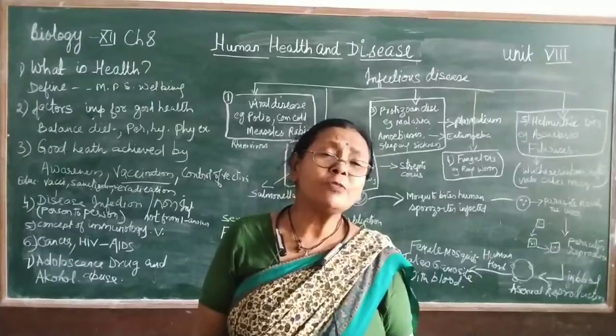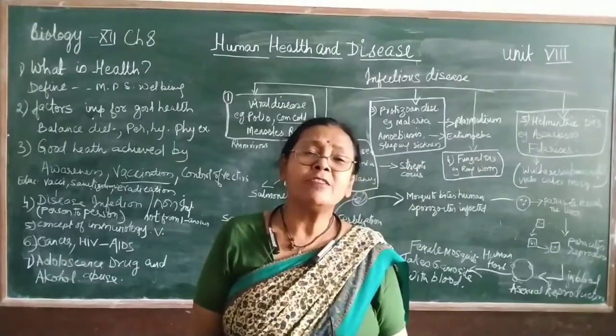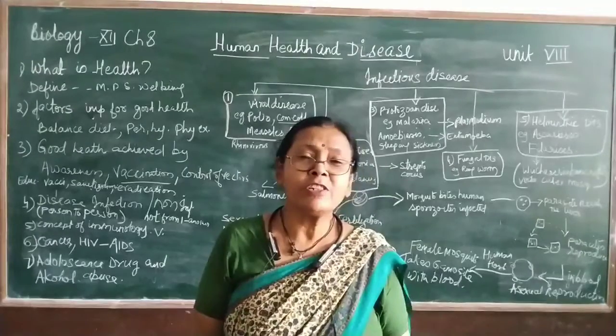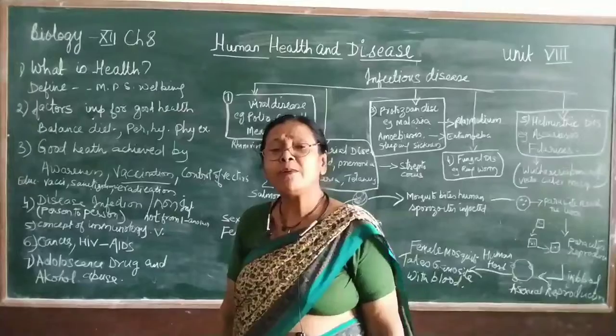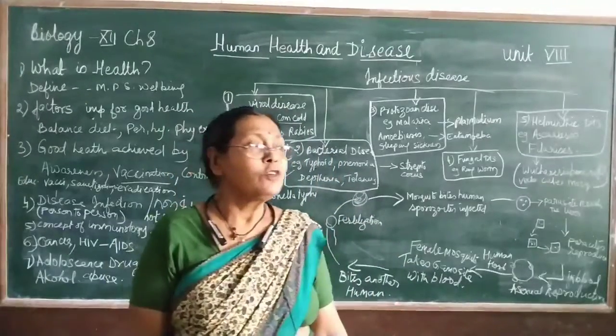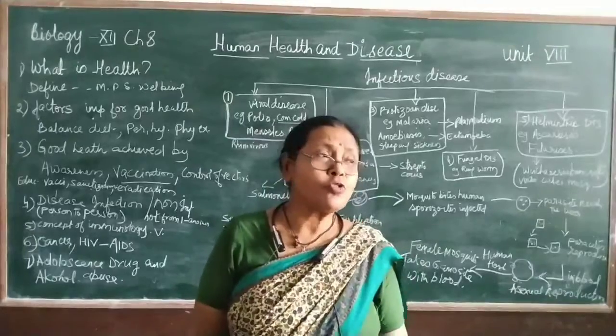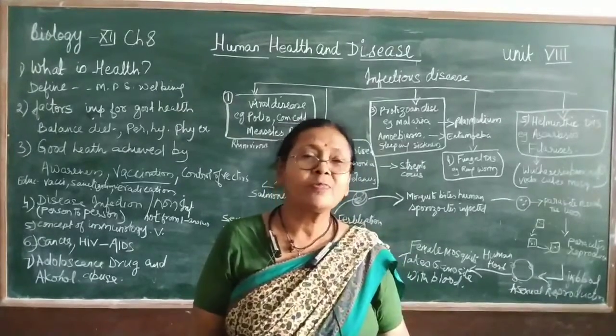Then what are vitamins and minerals? Vitamins are eaten in somewhat larger quantity and minerals are taken through our food in somewhat lesser quantity. So, most of the diet contains carbohydrate.